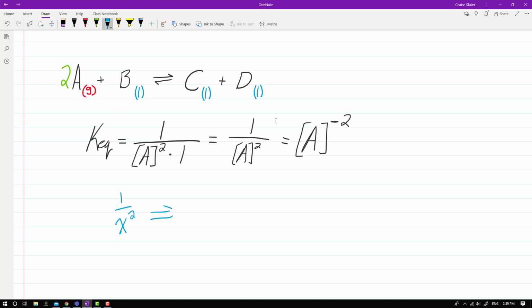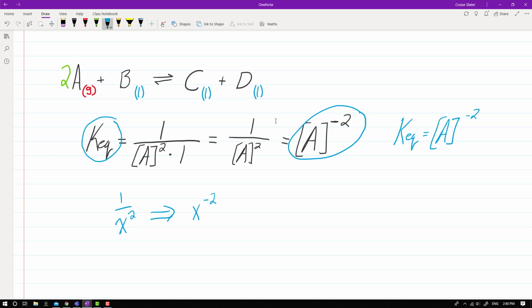Well, when I use my exponent laws, that's equal to x to the power of negative 2. That negative sign, when it's an exponent, tells me that it's actually in the denominator. Okay, so we can actually simplify this equation and say KEQ is just equal to the concentration of A to the power of negative 2.